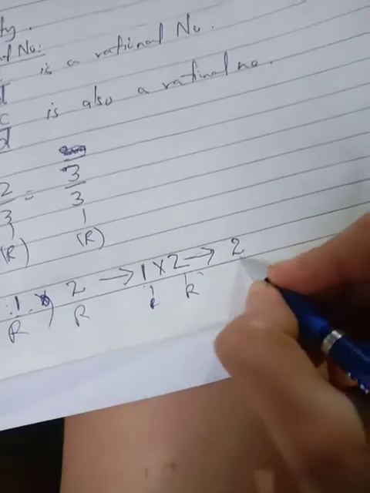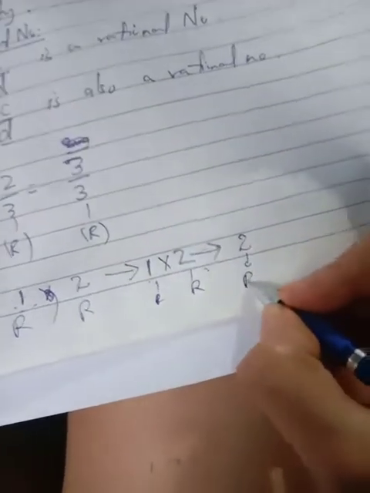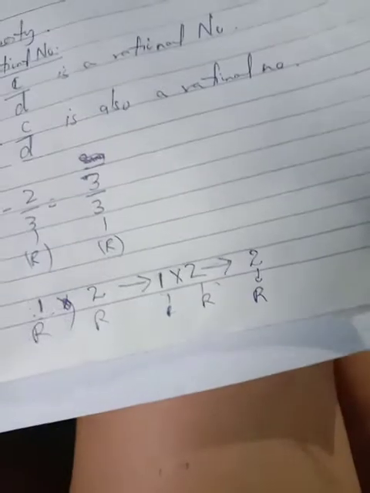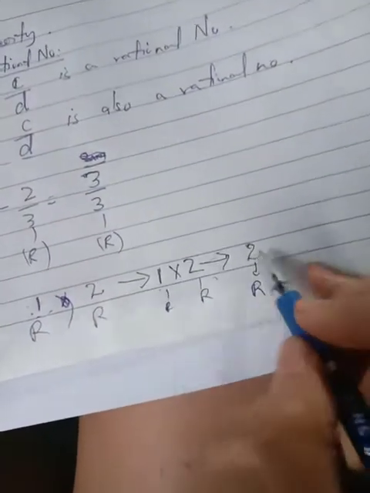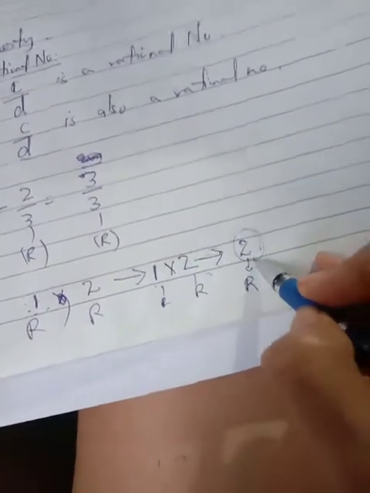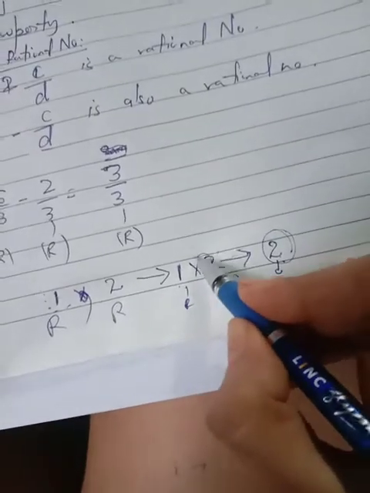This is 2. Is it a rational number? Yes, 2 is a rational number. That means 1 into 2 is equal to 2, a rational number. That means multiplication also follows the closure property.